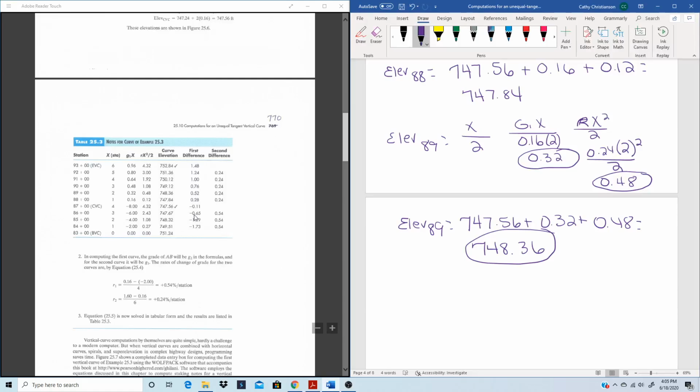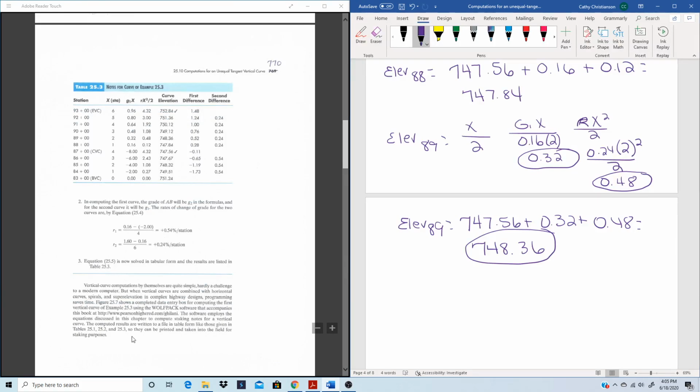That'd be a negative 0.65. And like I said, if you keep your signs, when you take a negative 0.11 minus a negative 0.65, you're going to get a positive 0.54, which is our R1. So once we checked all that, we can see that we didn't make a mistake anywhere here.